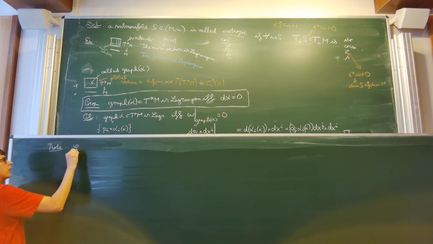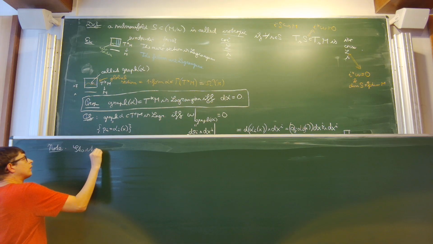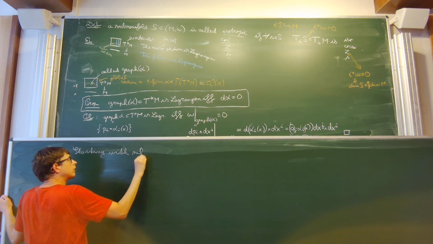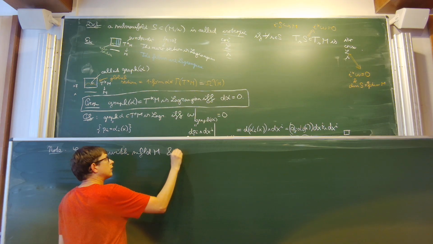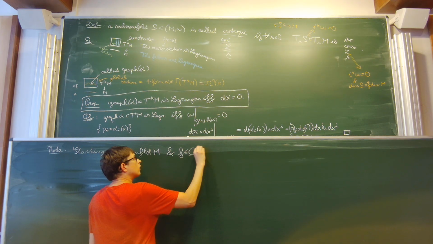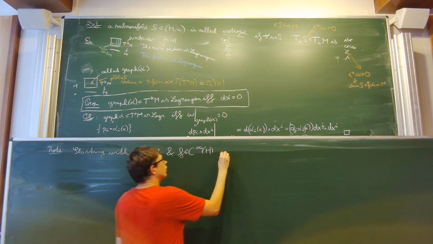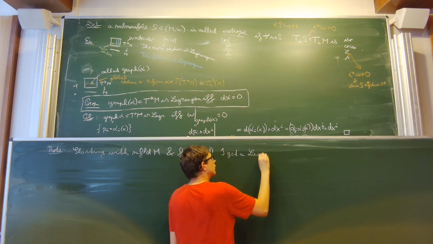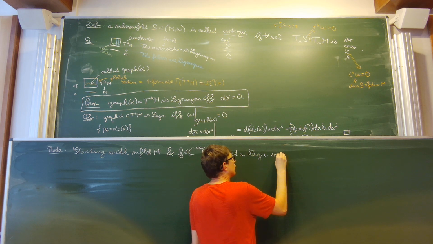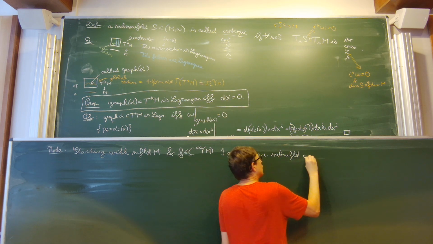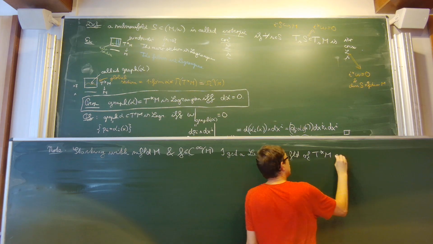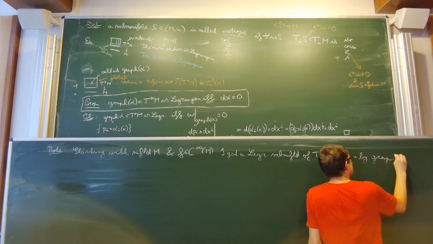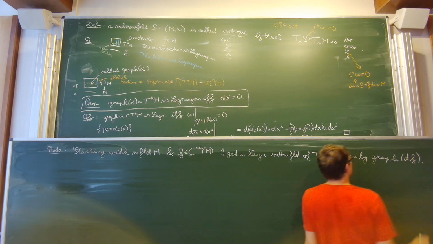By starting with a manifold M and a function f, I get a Lagrangian submanifold of T star M given by the graph of df.